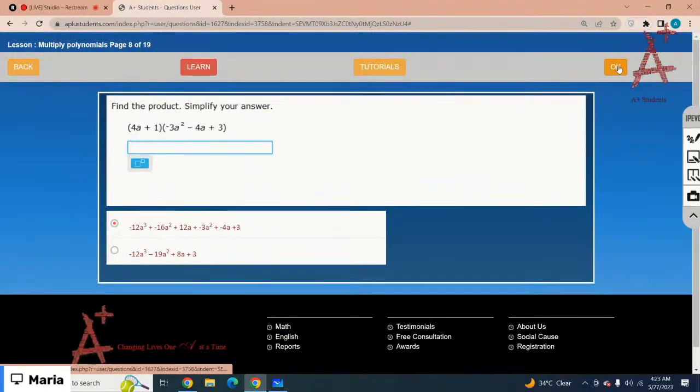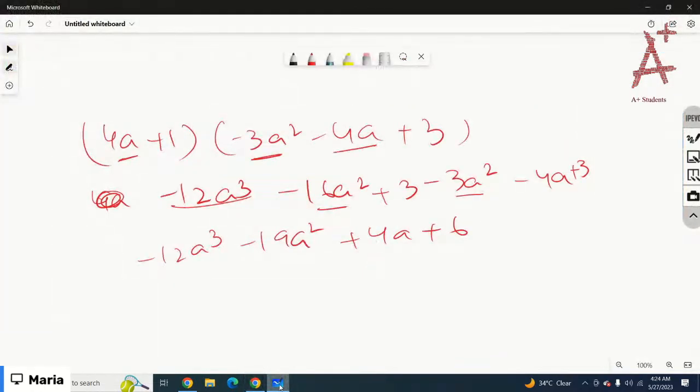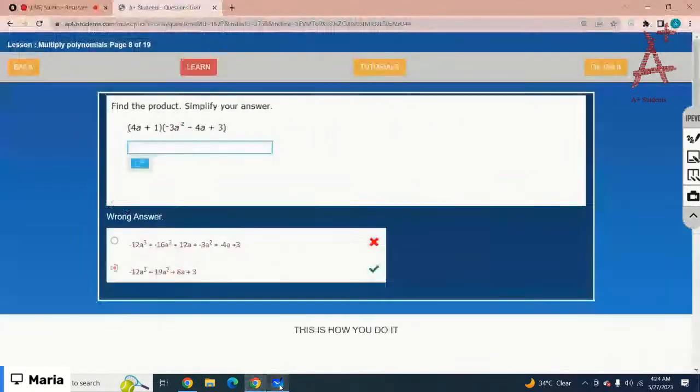So option number 1 is the correct option. Got it? Option number 2 is the correct option.